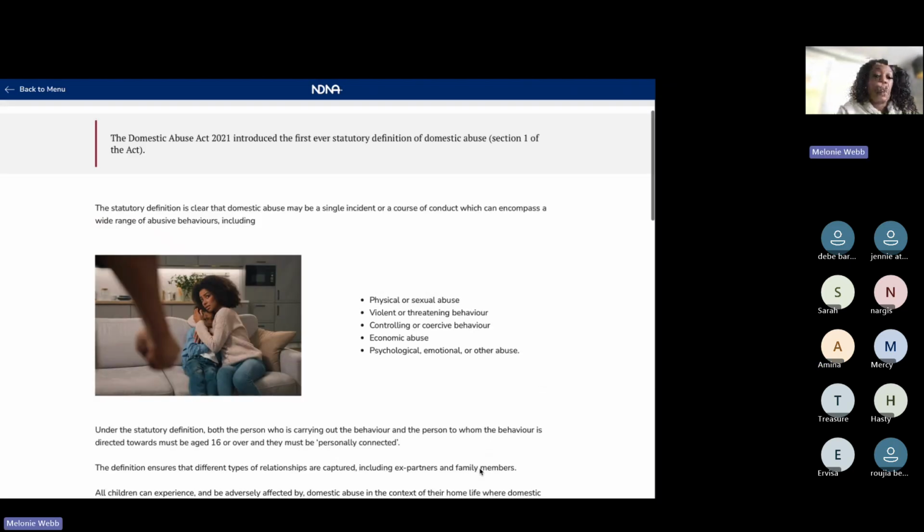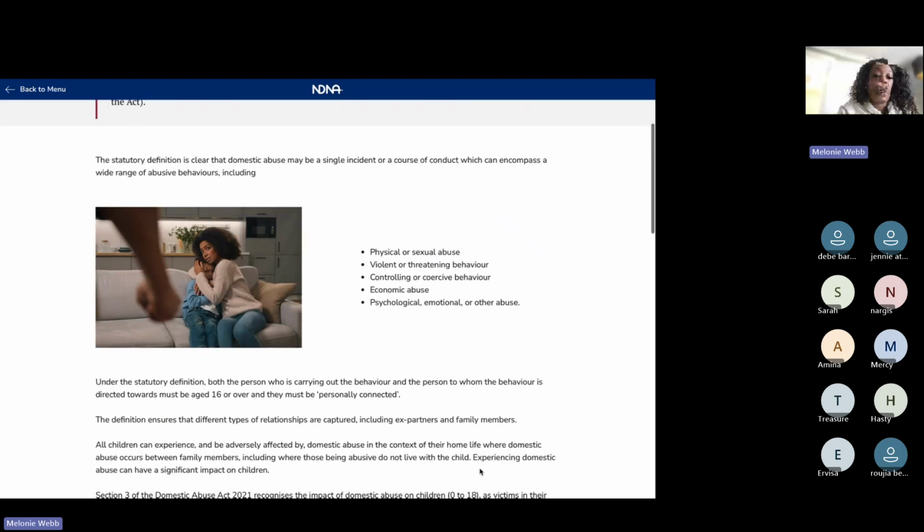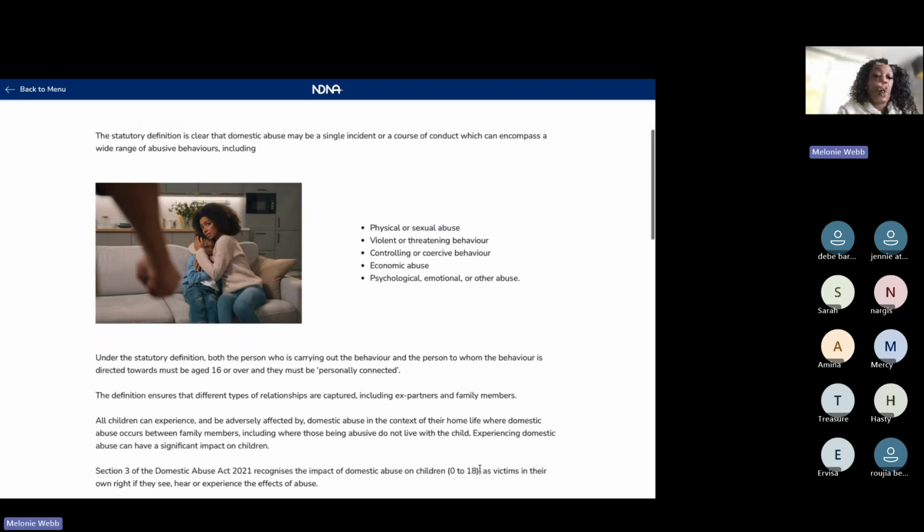So looking at domestic abuse, the statutory definition is clear that domestic abuse may be a single incident or a course of conduct which can encompass a wide range of abusive behaviours. So it could be that there's been a fight at home that particular evening.